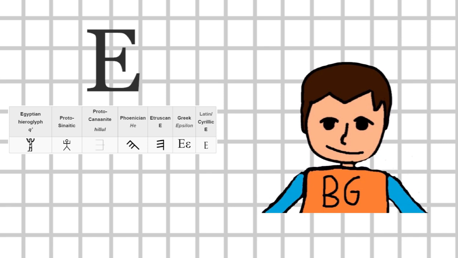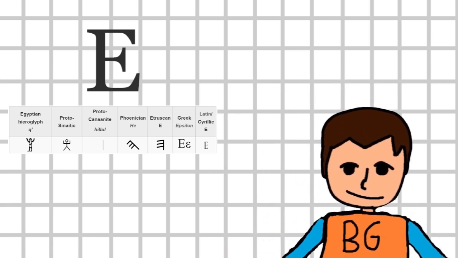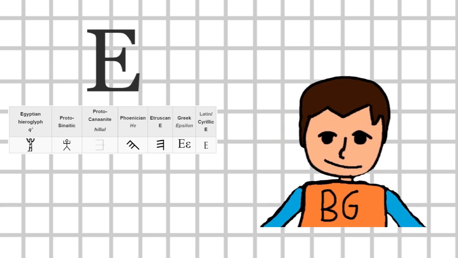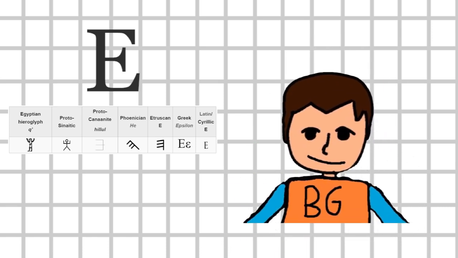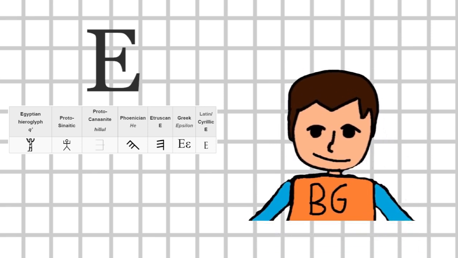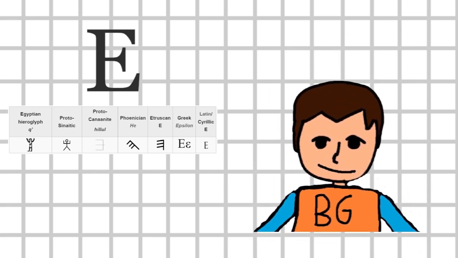Now this was most likely used to call somebody. So it's kind of a vocative thing where you just say, hey, bro, you there, right? That kind of thing. That's basically what this hieroglyph or letter, I guess, was used for.